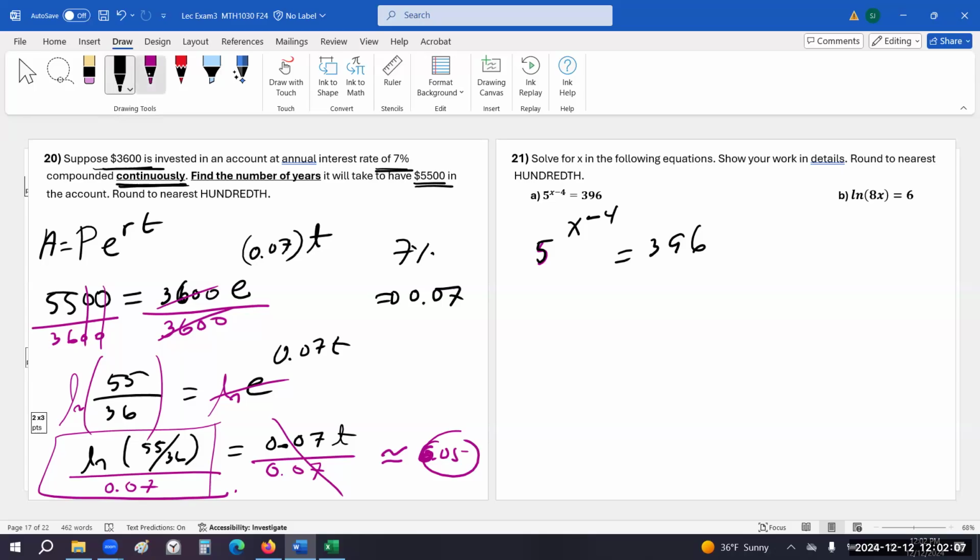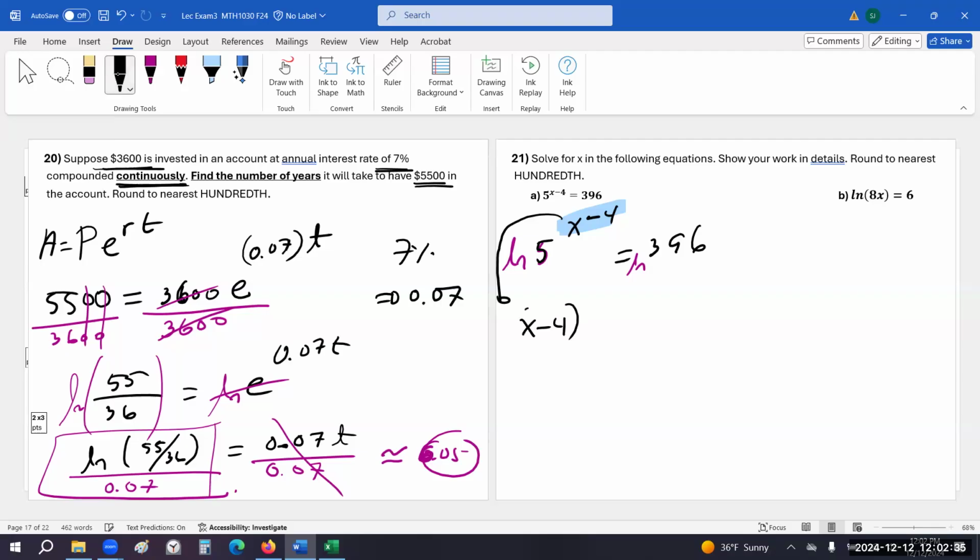When you're stuck, we seek the help of log or ln. It doesn't matter. Let's do ln, it's simpler. So this comes down. No, because 5 is a base, we can never divide by a base.